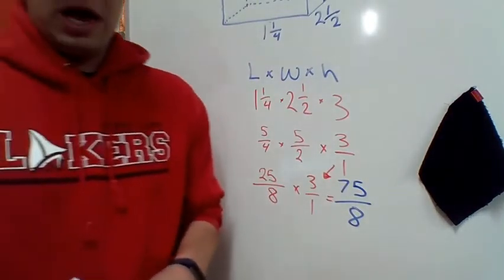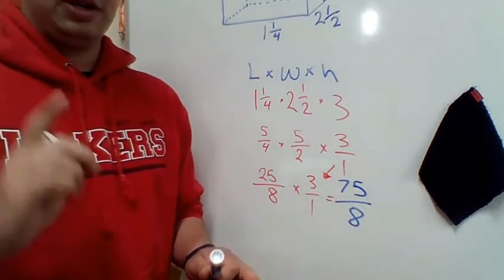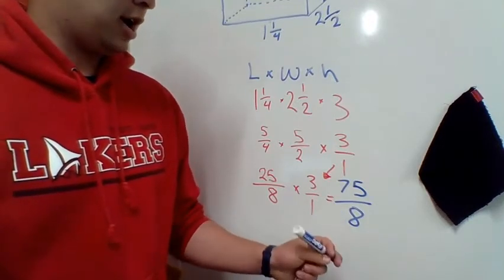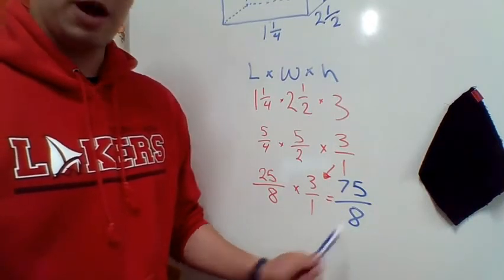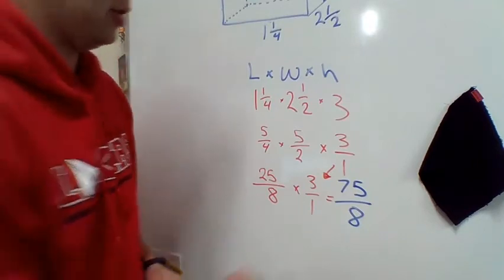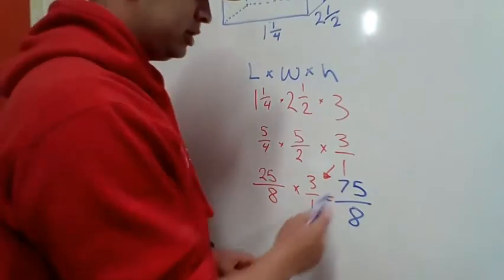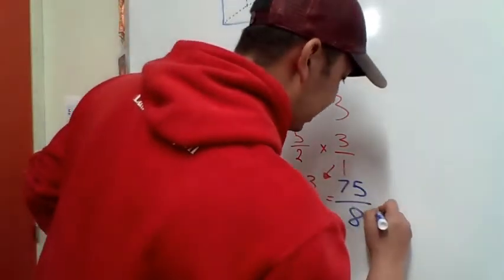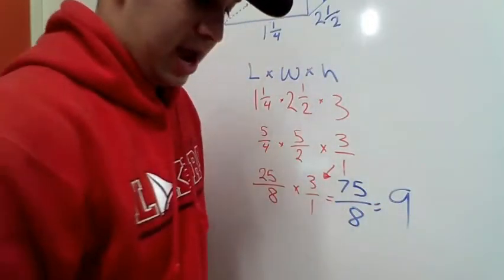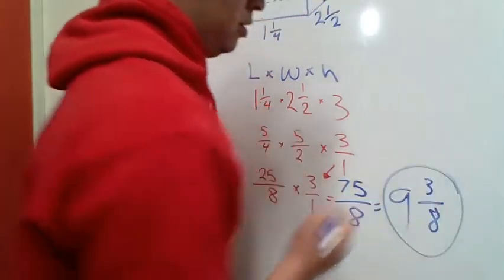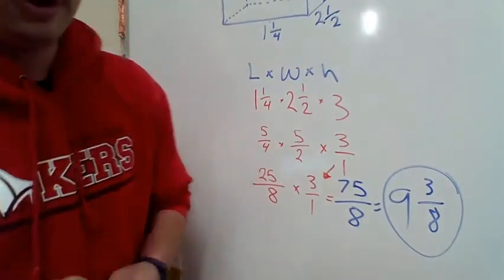Now, you got to this point, you know that Mr. Bergman loves when his improper fraction is changed to a mixed number. So we're going to do that. 8 goes into 75 9 times, and there is 3 left over. So 9 and 3/8 would be your answer.